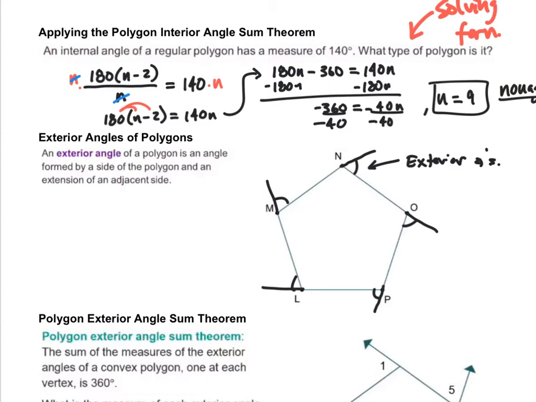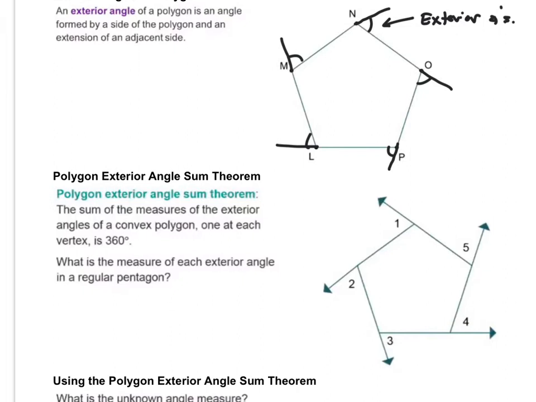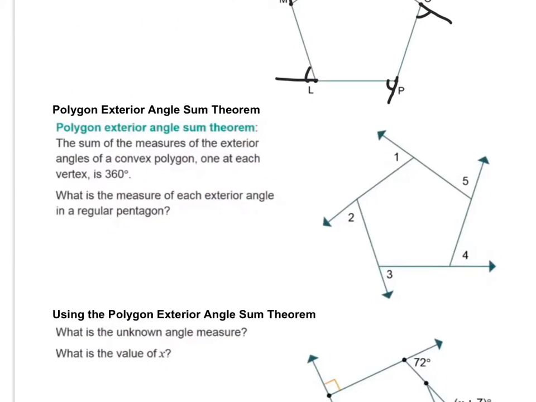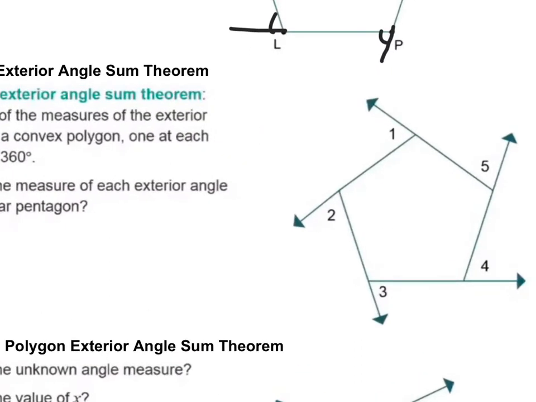Now we also have an interesting theorem about that. What we know is that if we take the exterior angles of any polygon that is convex, and we add them up, we will always get 360 degrees every single time. So if I were to take an angle in a regular polygon, I want to know what would one of these be.